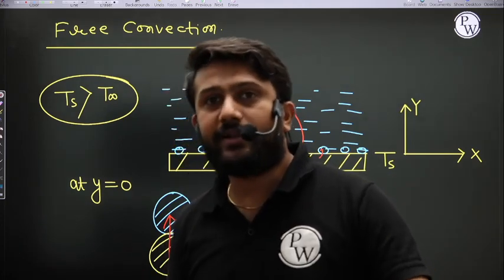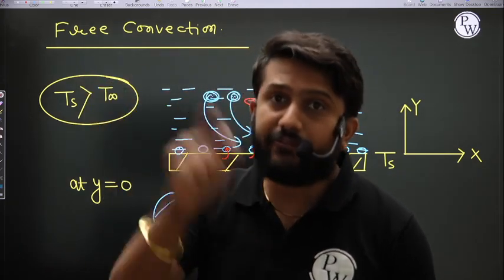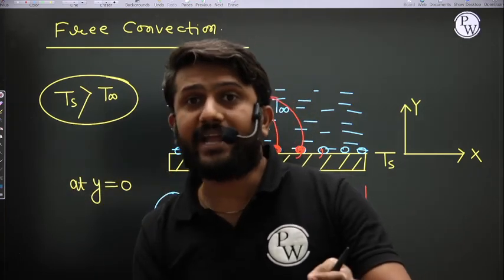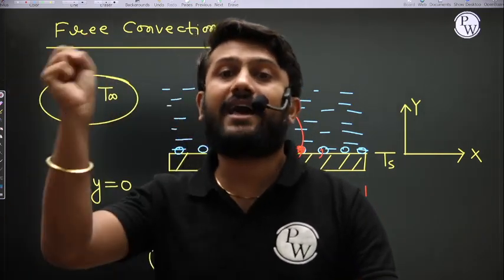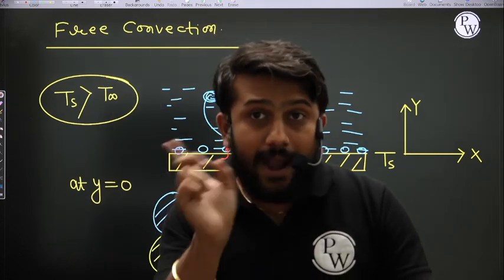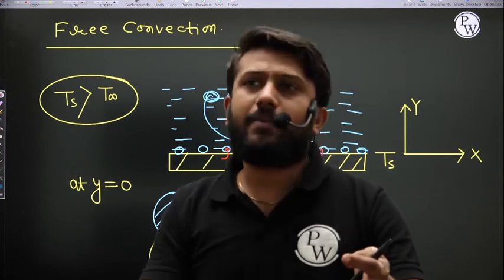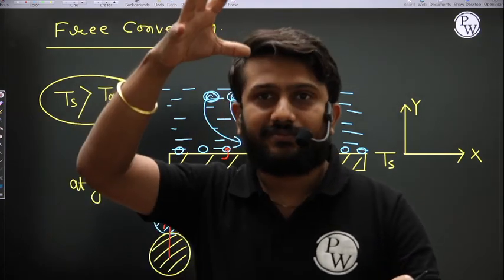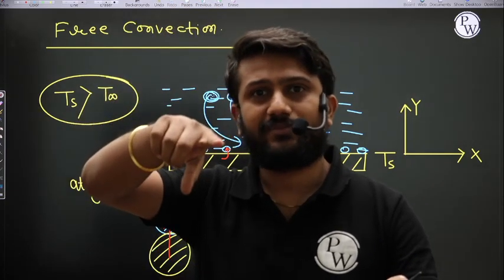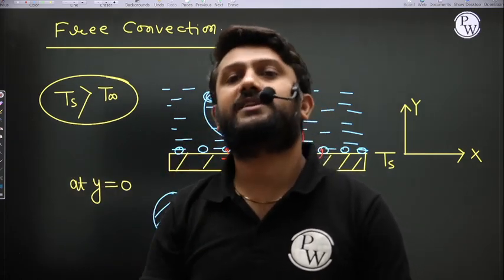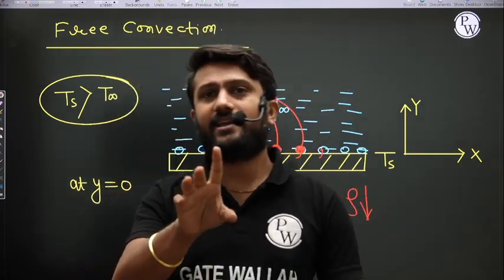Because of this temperature difference, the density difference comes into the picture, and because of this density difference, a buoyant force acts on the fluid particle, and because of this buoyant force, the lighter particles move upward. So whenever free convection is there, the buoyant force comes into the picture. Is it clear?